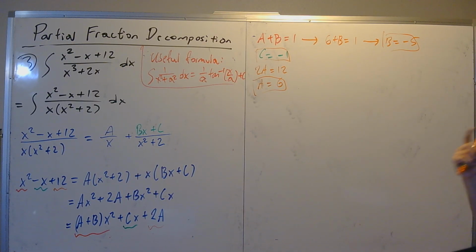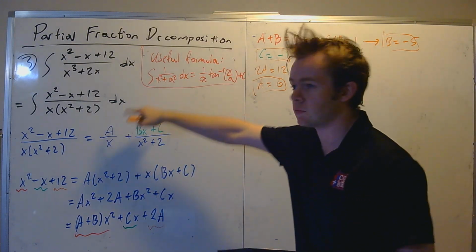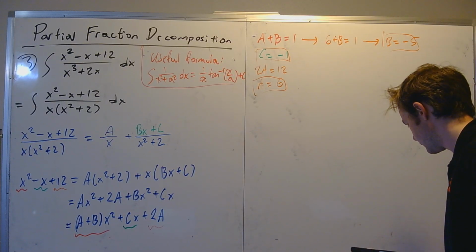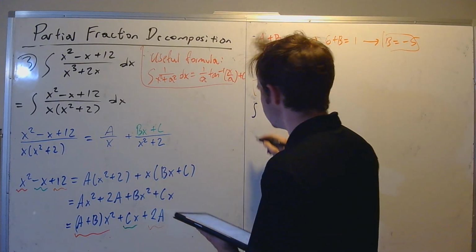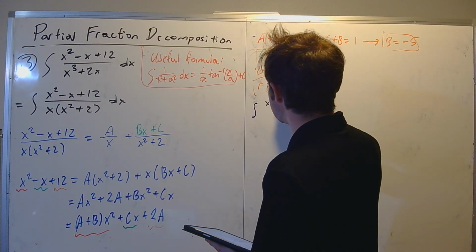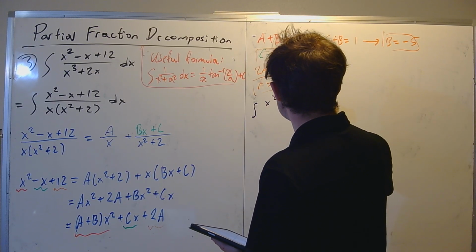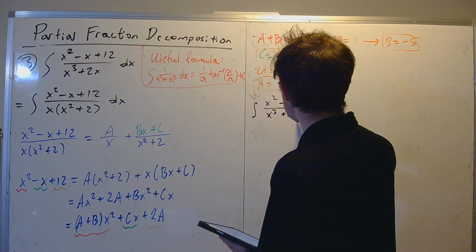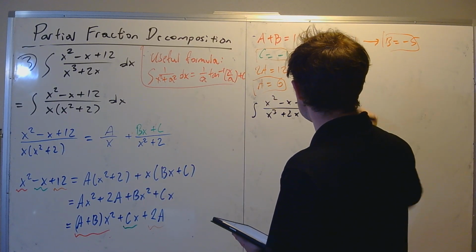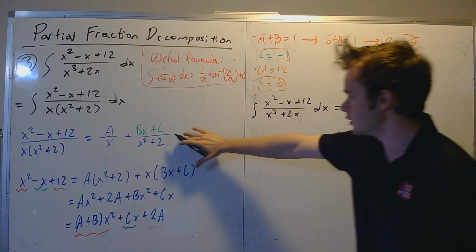Now we can just plug those in to this fraction and rewrite our integral. So if we do that, we're going to have the integral of x squared minus x plus 12 over x cubed plus 2x dx equals, now we just rewrite it in this form.